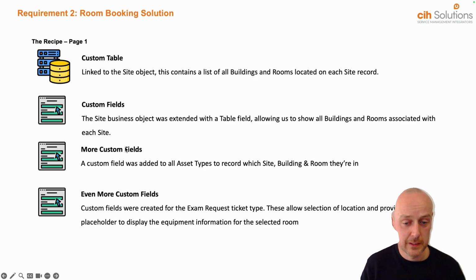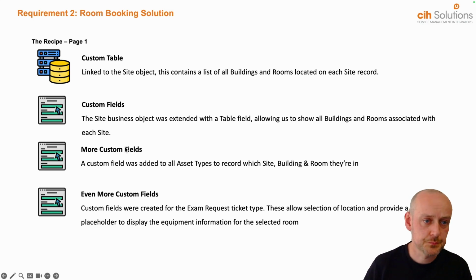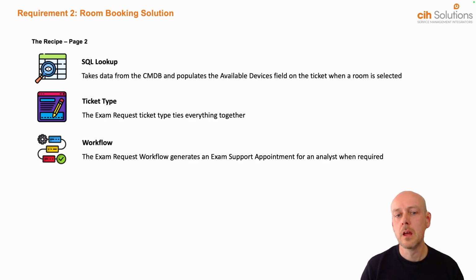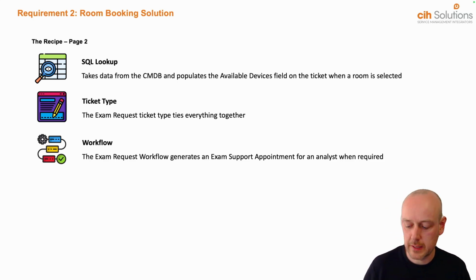We have custom fields on that form that allows the location to be selected, and we also have the placeholders for the equipment display. To populate those fields, we have a SQL lookup, and of course we have a ticket type and a workflow. Before I show you any of the actual configuration, I'm just going to move on to the next slide.